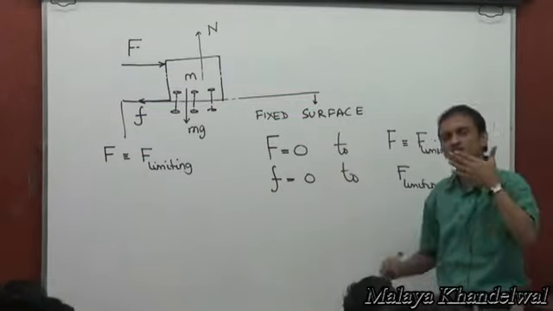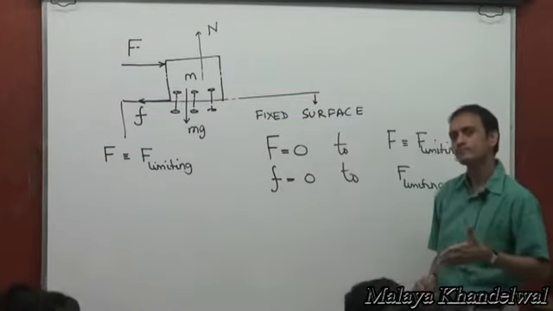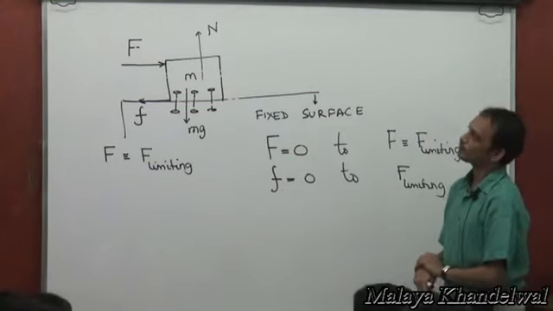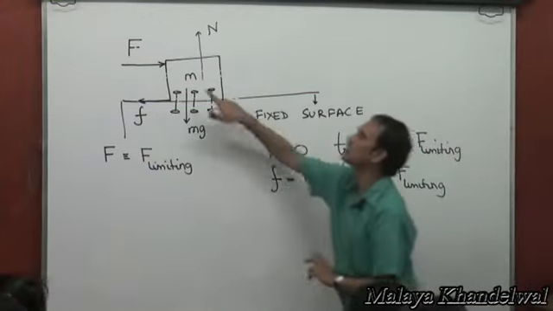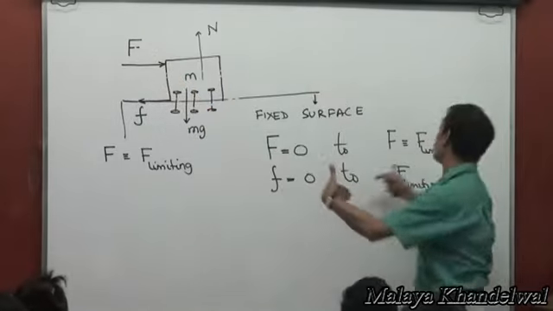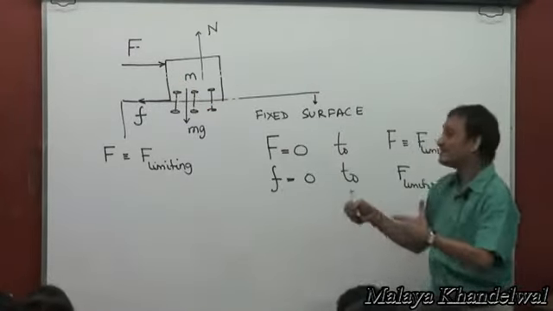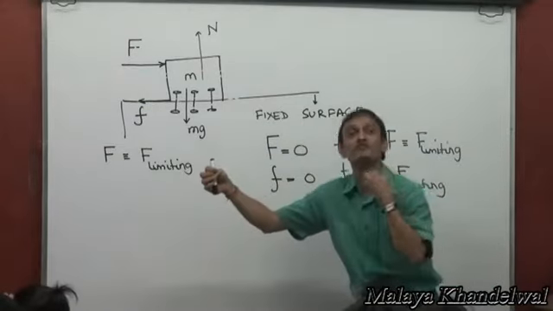Right? But if the surface is fixed, then values of externally applied force varying from 0 to a certain value would be resisted by these pins that represent the frictional force.